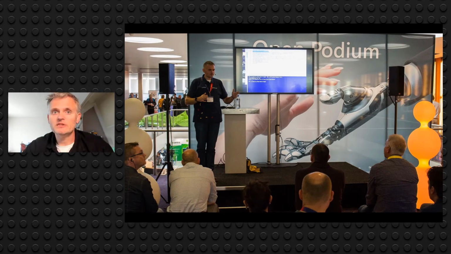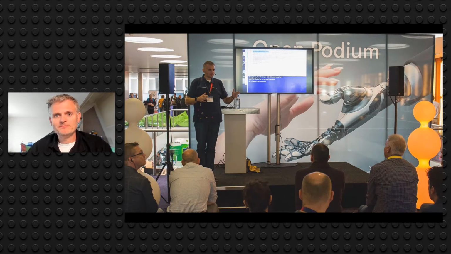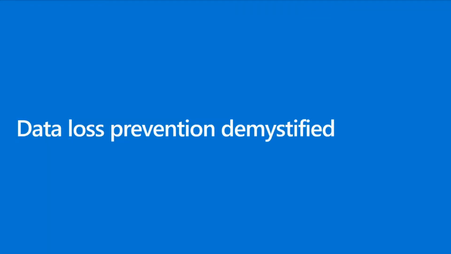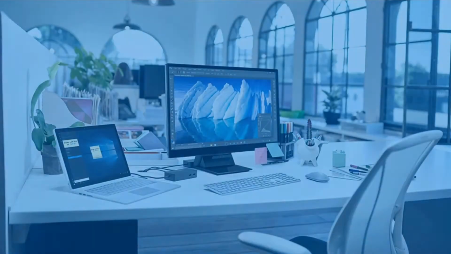And well, let's get started, shall we? Okay, today's session, data loss prevention demystified. Why the session? Well, data loss prevention in Office 365 can be rather complex, and I decided to do a session on this just to give you an overview of all the options which are there. So let's get started.